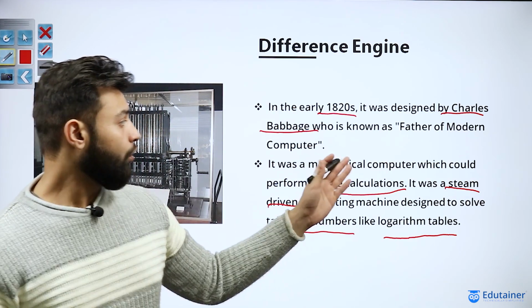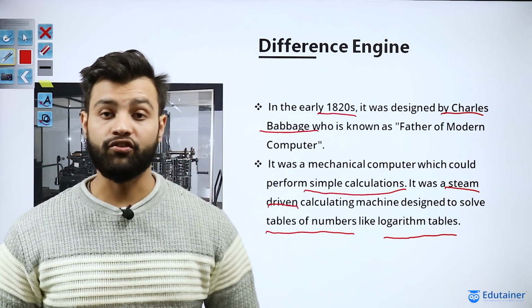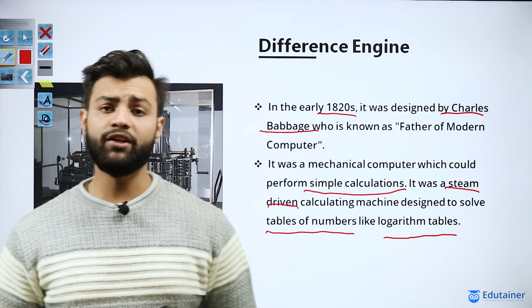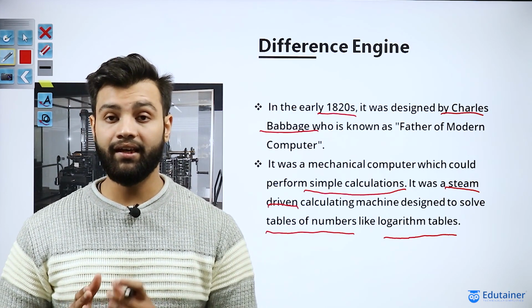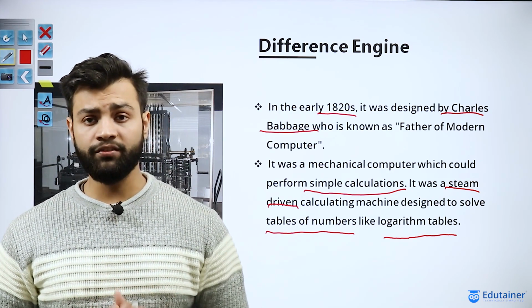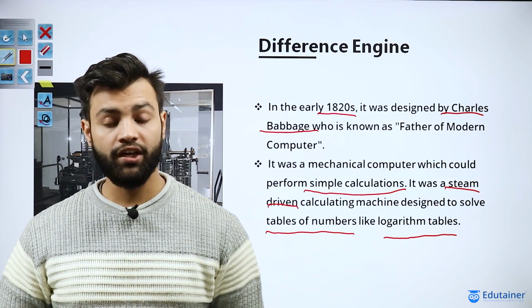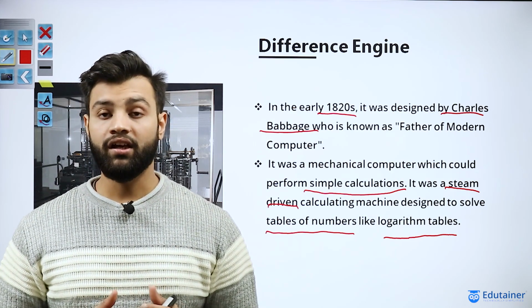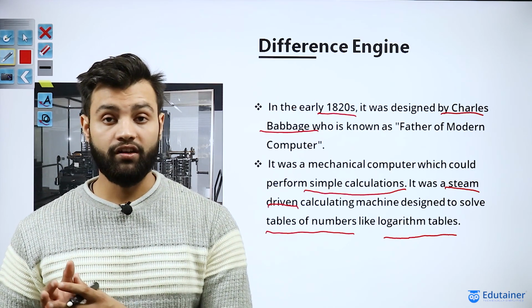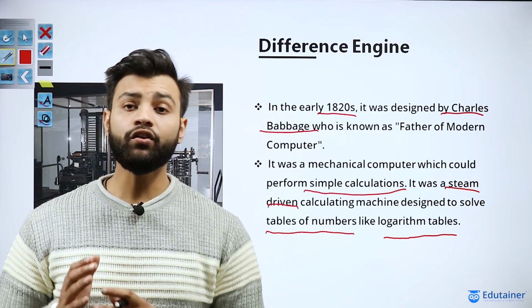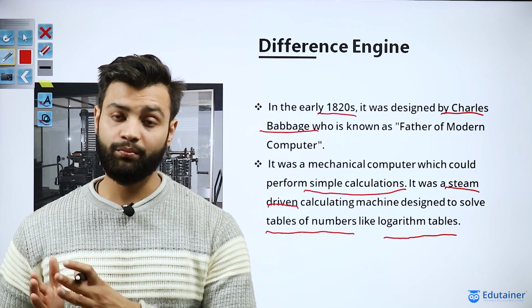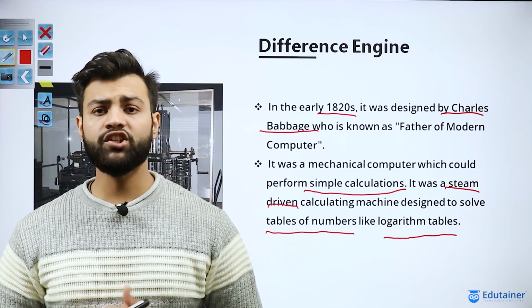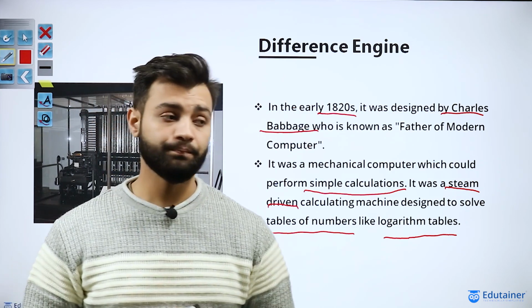Charles Babbage wasn't able to complete this project. He started to work on it, and while working, his funds got finished. So he started to design another machine and left this machine incomplete.